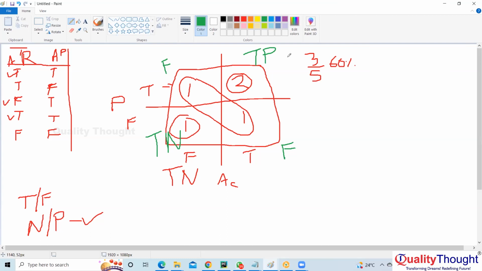Now, when a patient goes to a doctor, the doctor prescribes some tests, right? Why will the doctor prescribe a test? Because the doctor is suspecting some serious problem. Let's say the person is detected positive for cancer.